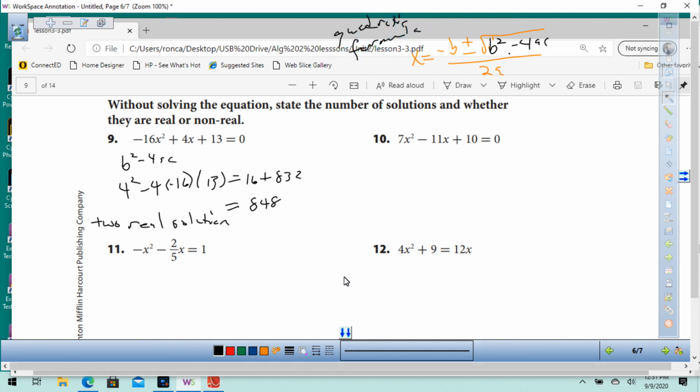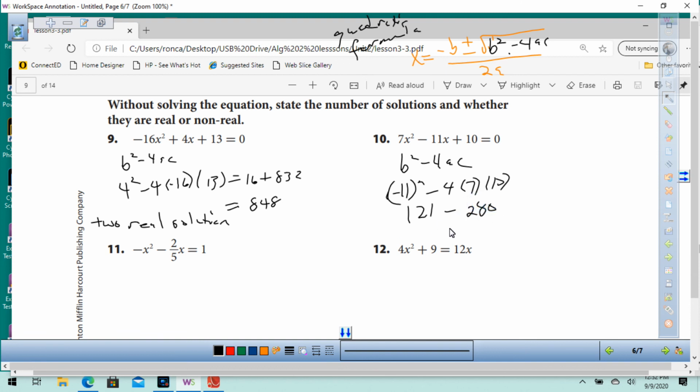That's the quadratic formula. Now let's try this one here. B squared minus 4ac. So we got negative 11 squared minus 4 times 7 times 10. That's going to give, 11 squared is 121, minus 4 times 7 is 28, times 10 is 280.